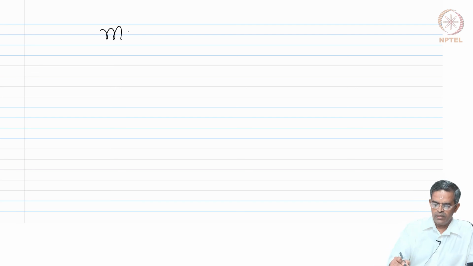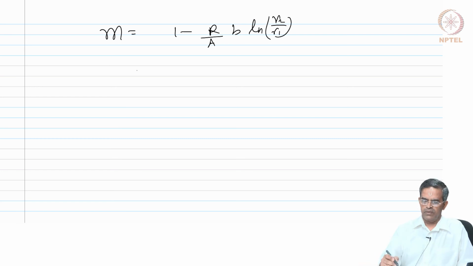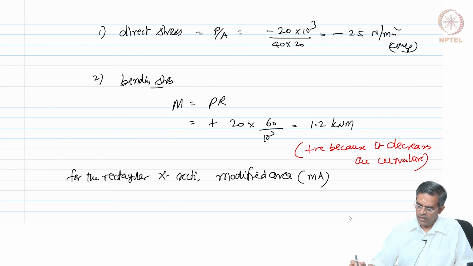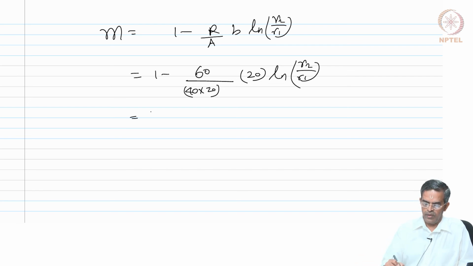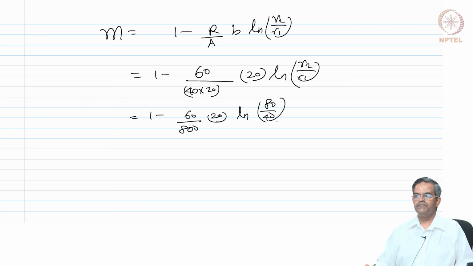You have the equation. m is given by 1 minus R by A, B, ln of R2 by R1. We have a standard equation for this. So, 1 minus R by 40 into 20, that is A, B is 20, see here we already said that B is 20, ln of R2 by R1, which will be 1 minus 60 by 800, 20 ln of 80 by 40, which will become minus 0.0397.